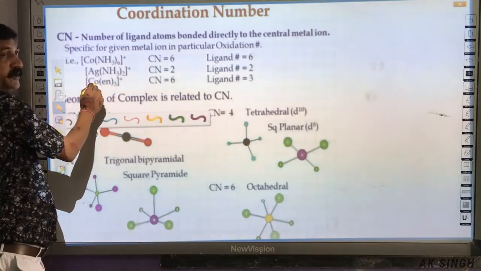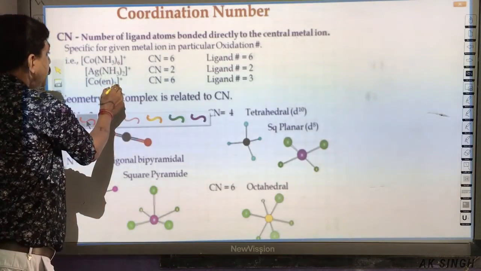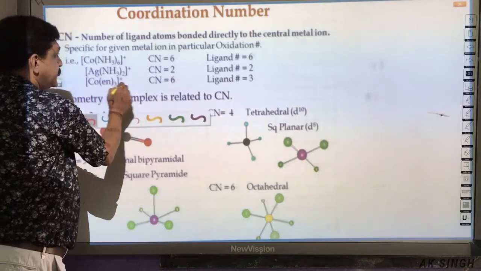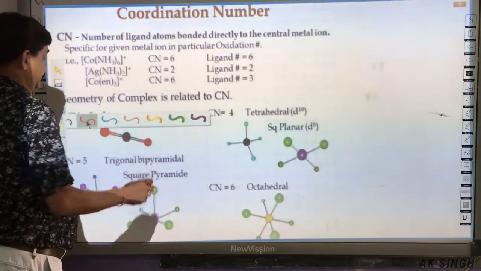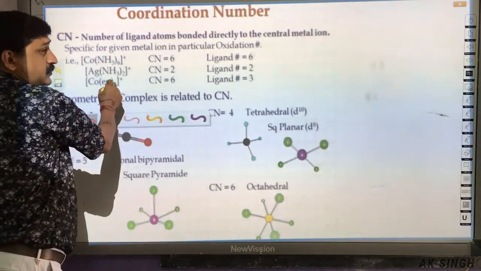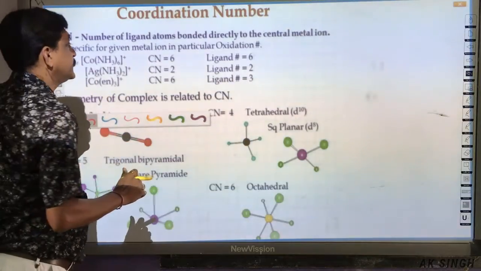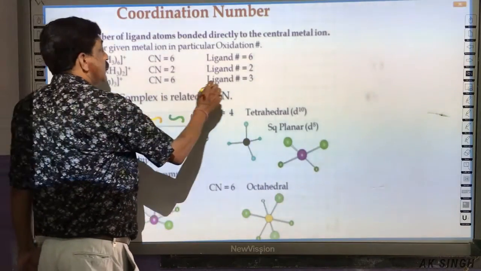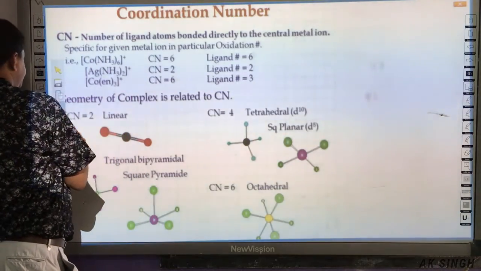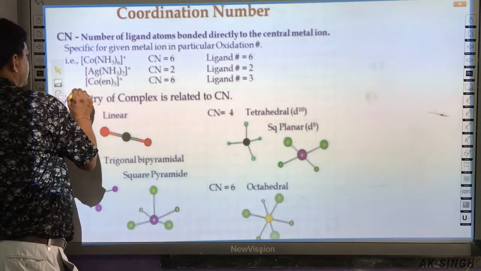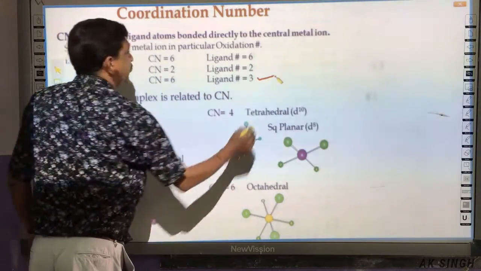In Co(en)3, en is ethylenediamine, and the coordination number is 6. Why is it 6? Because there are two donor sites in each of the three ligands.